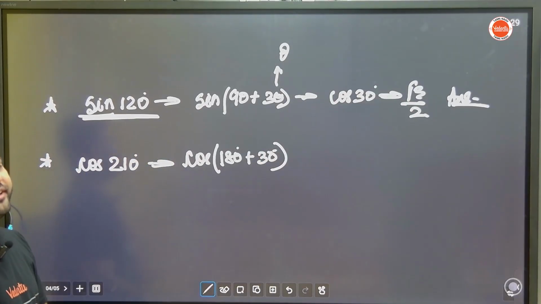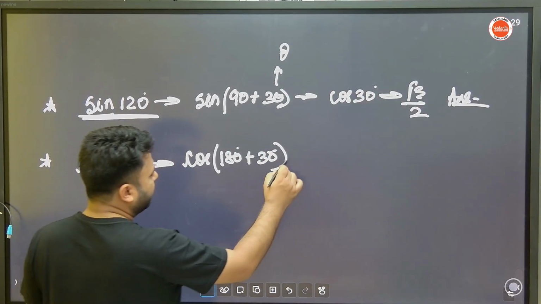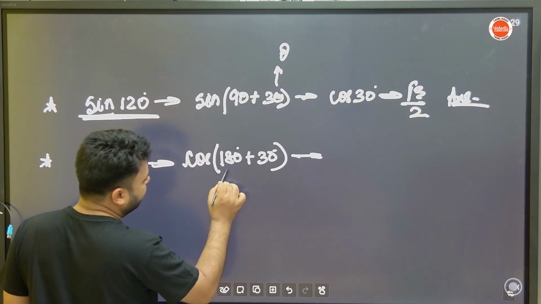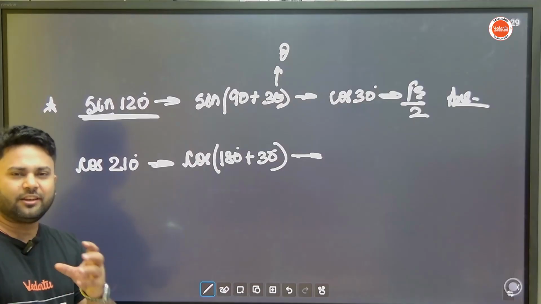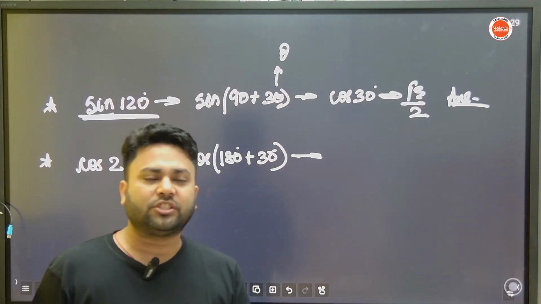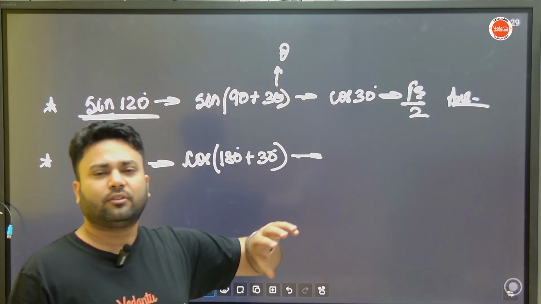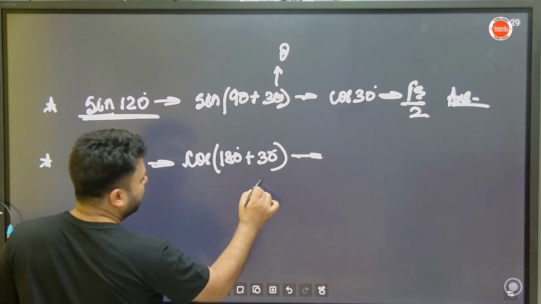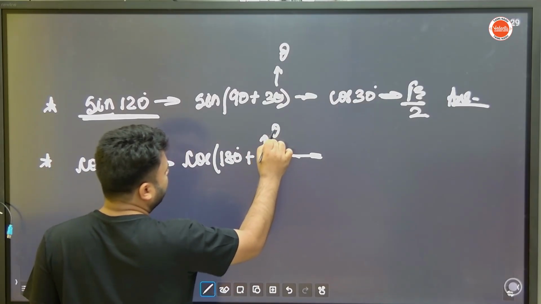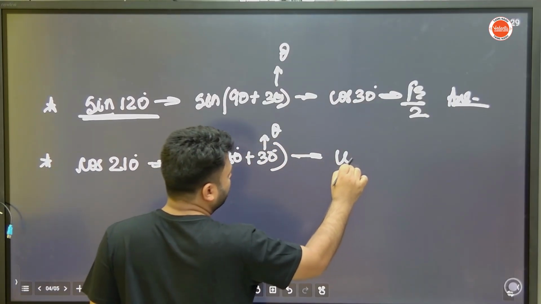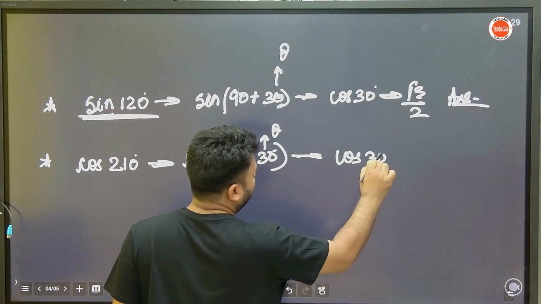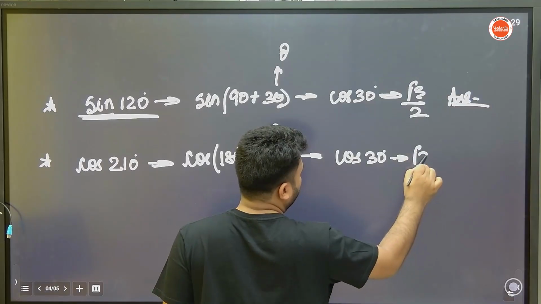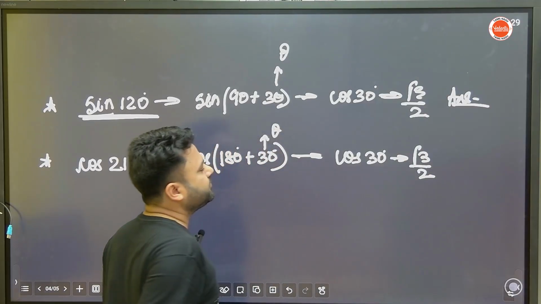This is cos of 210. Now whenever there is involvement of 180 degree, there is no change. So cos will be cos only. Means cos of 180 plus theta will be equal to cos theta only. So cos 30 degree, again root 3 by 2.